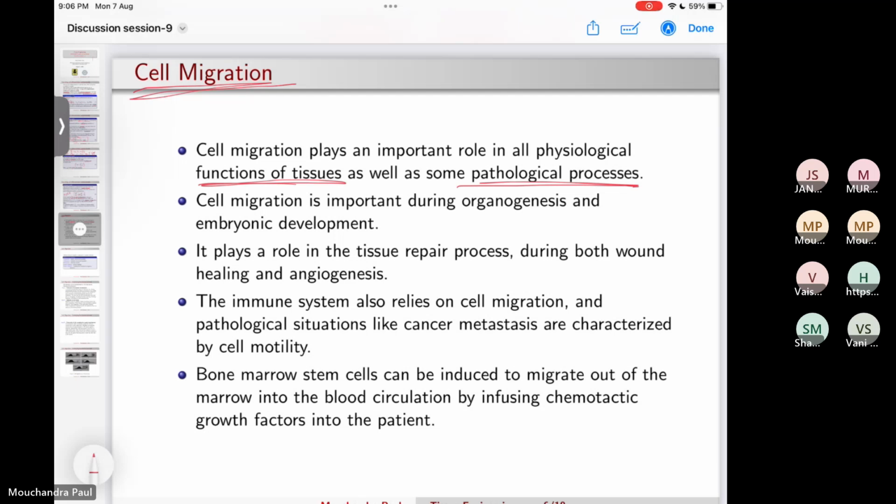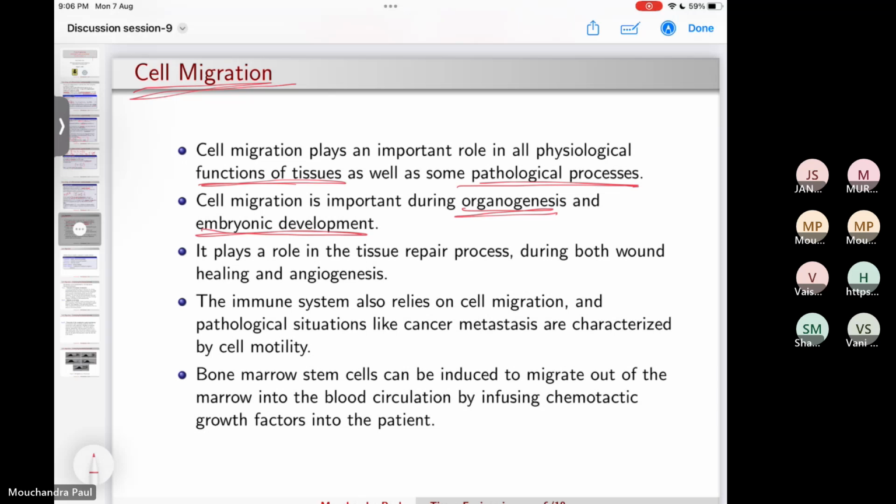Cell migration is important during organogenesis, meaning during formation of an organ, as well as during embryonic development. You have seen during embryogenesis how the layers are formed. During those stages, the cell is dividing and then moving in order to create unique structures like the gastrula structures that I've talked about, tube within tube structures.